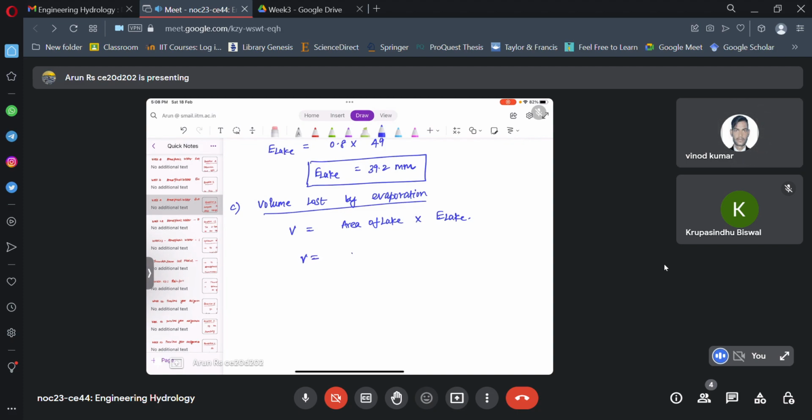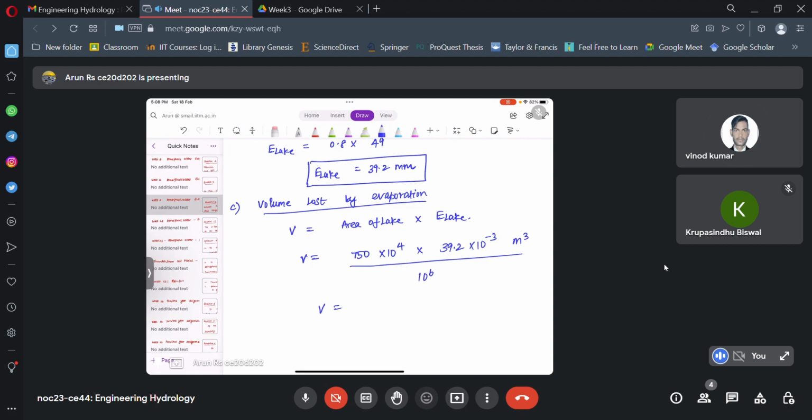So volume is equal to 750 hectares, where hectare to meter square is 10 power 4, into 39.2 into 10 power minus 3. This will be in meter cube, and we divide it by 10 power 6 to convert to million meter cube.